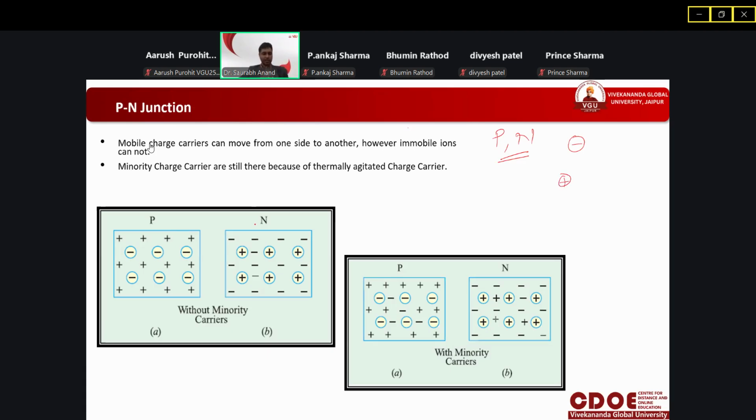So you can see here, this is positive, this is negative, right? And above this, because this is negative, meaning acceptor, there will be holes. In donor there will be electrons, so we will draw like this. Clear?